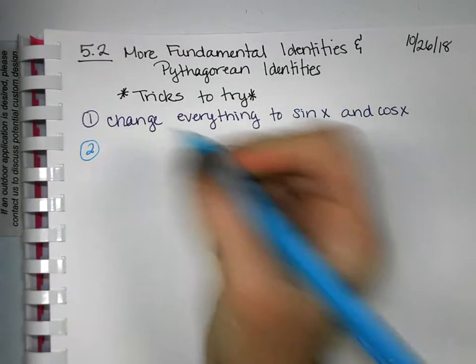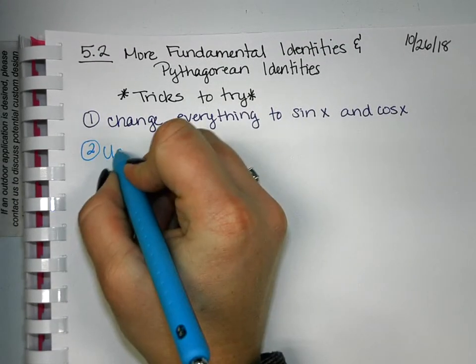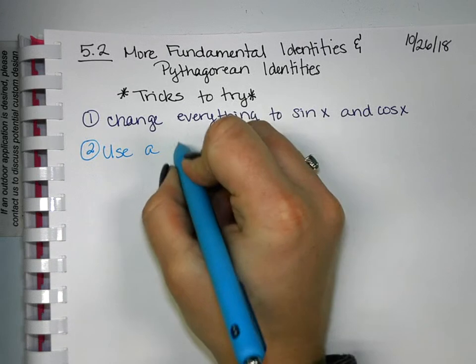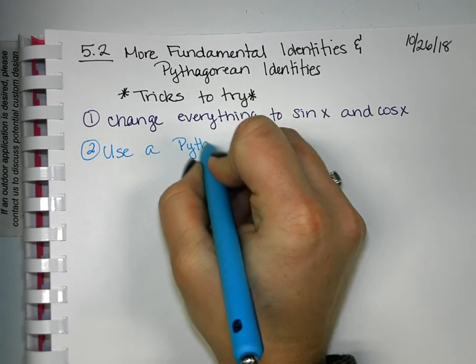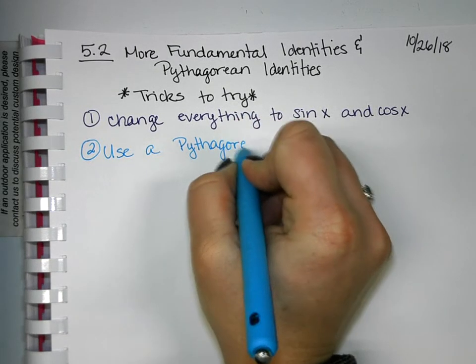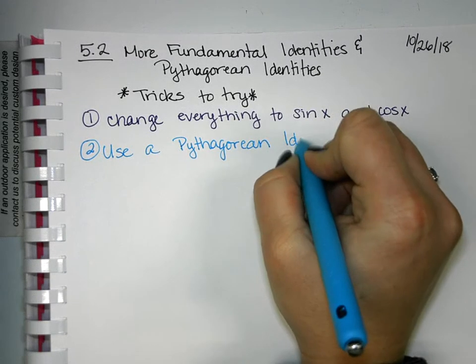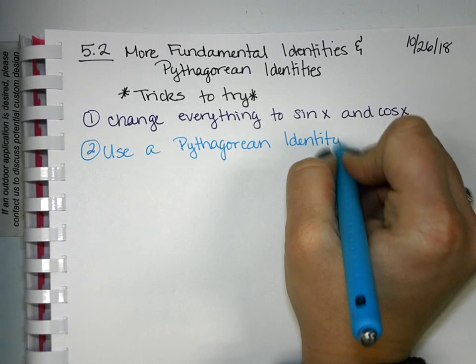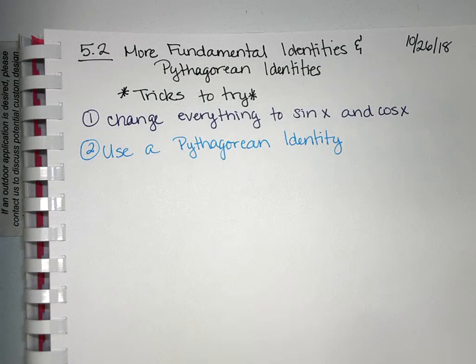Our second trick to try is to use a Pythagorean identity. So look at your problem that you're about to try to simplify. See if you have any of your Pythagorean identities in that problem or some manipulation of it.